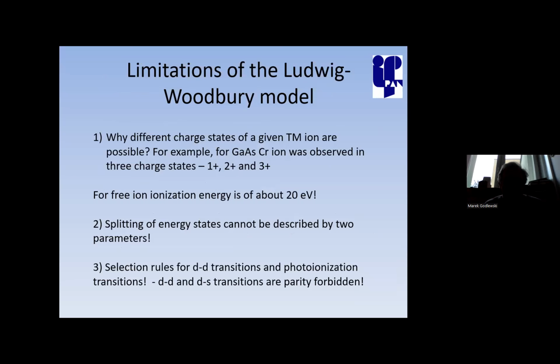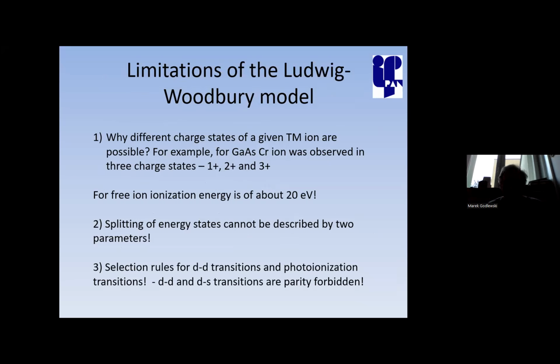And a real problem came when III-V materials were studied. When chromium in gallium arsenide was studied, people suddenly observed 3 charge states within the band gap. It was quite unexpected because the band gap of gallium arsenide is 1.5 electron volts, and for 3d ions it costs about 20 electron volts to ionize the center.